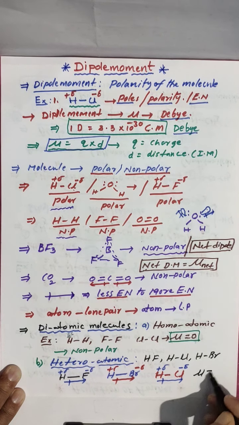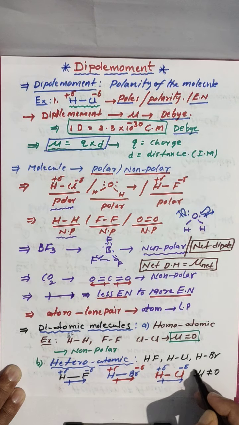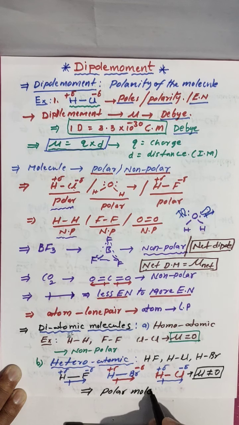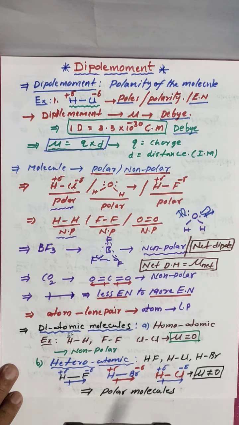So the net dipole moment is not equal to 0. If the net dipole moment is not equal to 0, then these molecules we call polar molecules. These are polar molecules. So we have to see the net dipole moment.